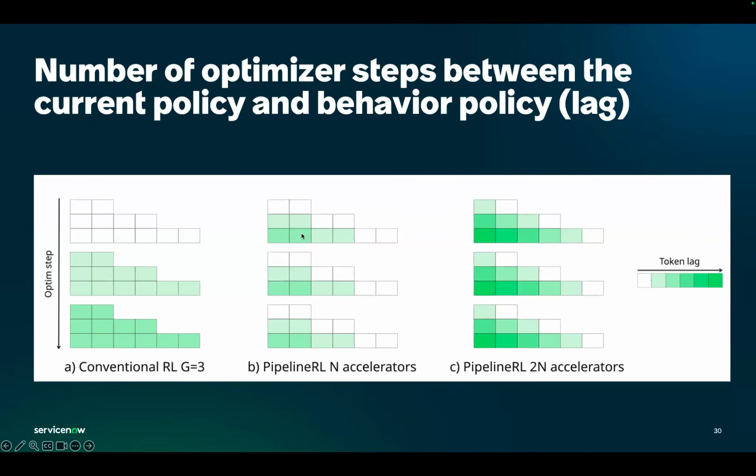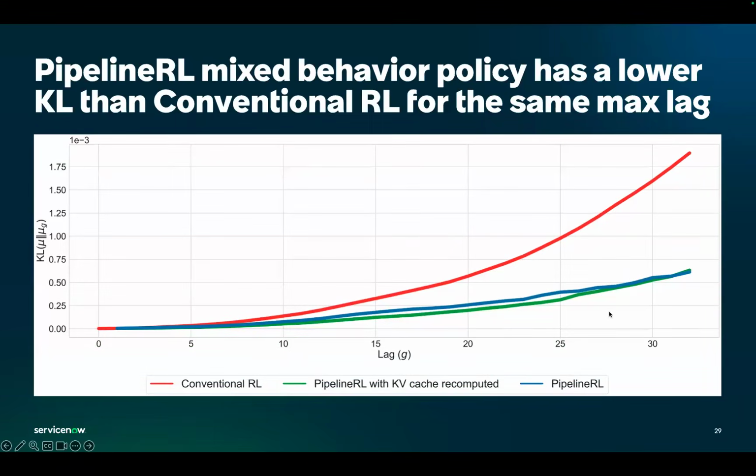So if your optimizer step consists of sequences with very different lengths, the majority of tokens will be at the end of those sequences, so the majority of tokens will have a low lag. You will never have a batch where all tokens have very high lag, produced by a very old version of the model that doesn't matter anymore. That is why in the previous plot, the difference between the behavior policy and the current policy is way smaller for PipelineRL.